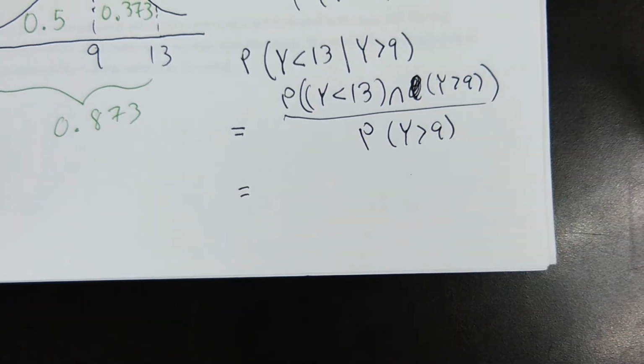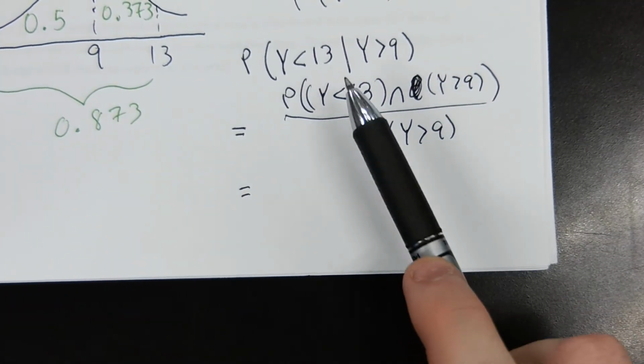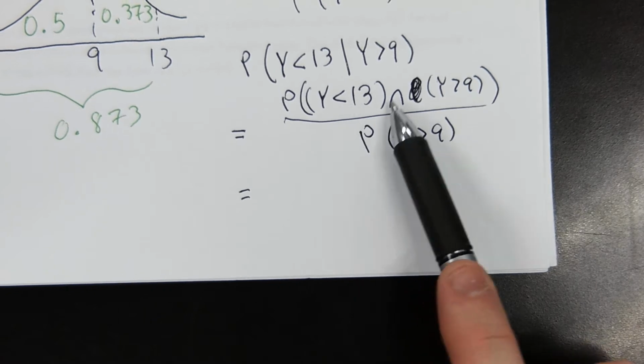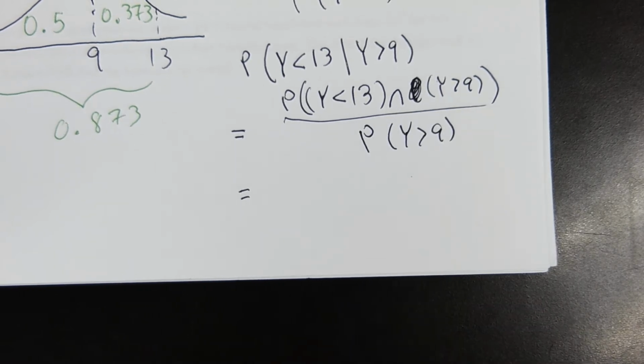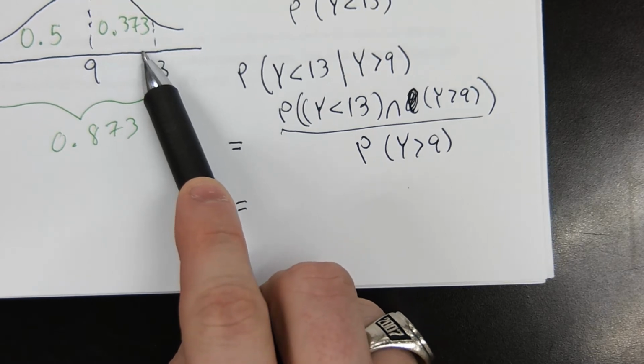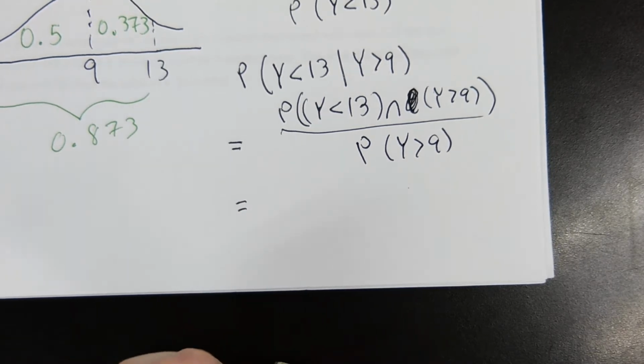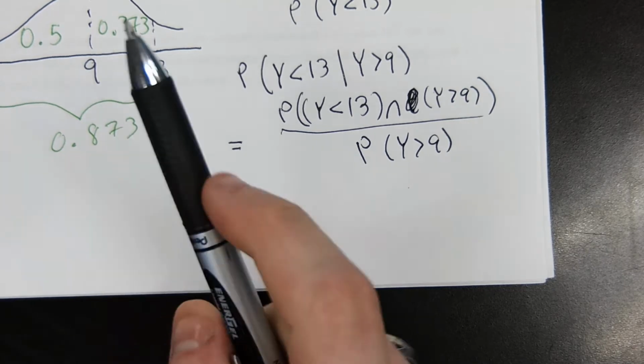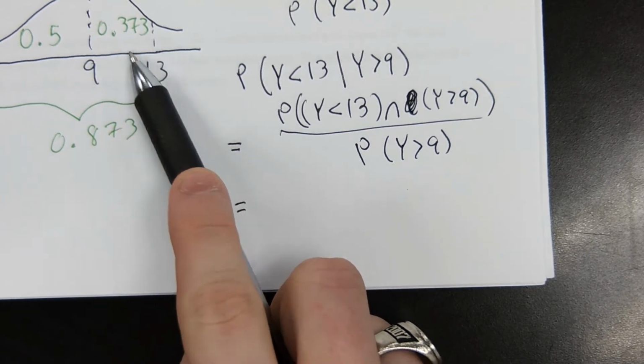So what is the probability that y is less than 13 but also greater than 9? This 0.373 right here. You okay with that, Chris? Yes. Okay.